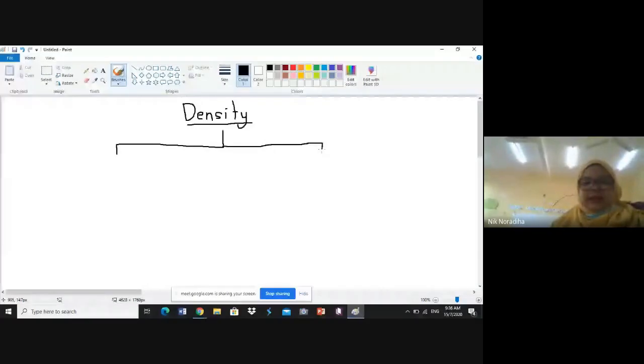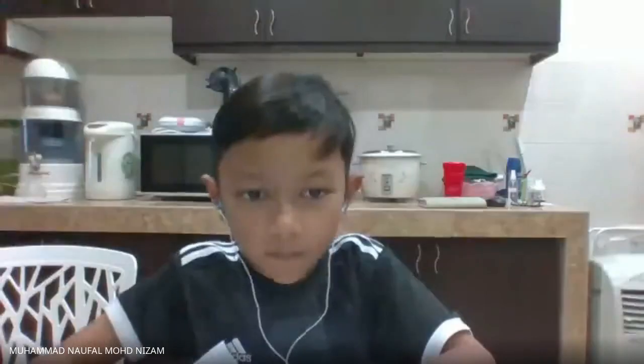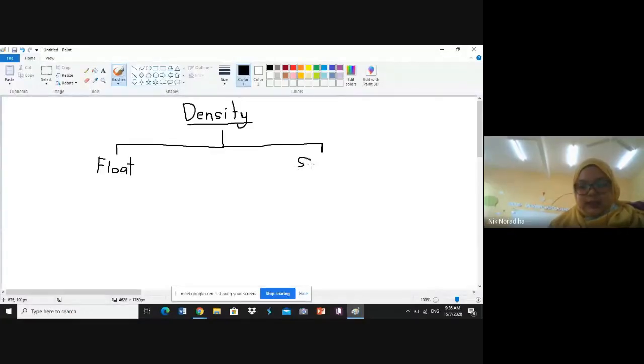Okay, density. So, we have materials that float and also, what is the other one? Sink. Thank you. Good job. Okay, float and sink.